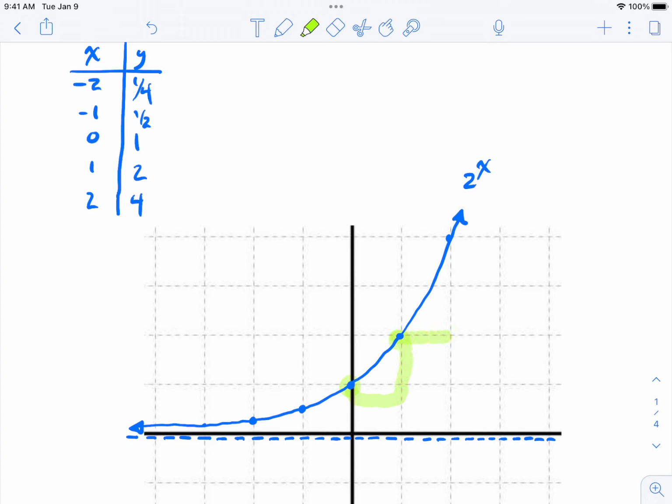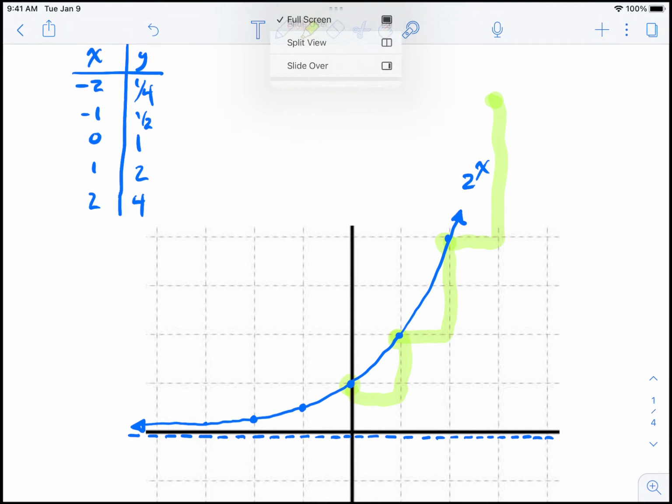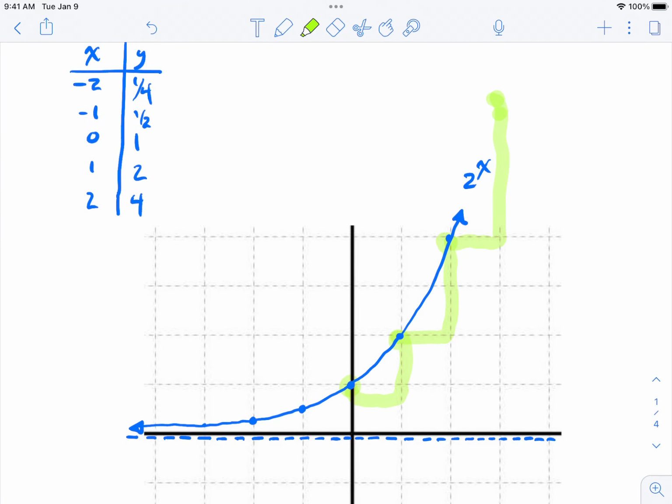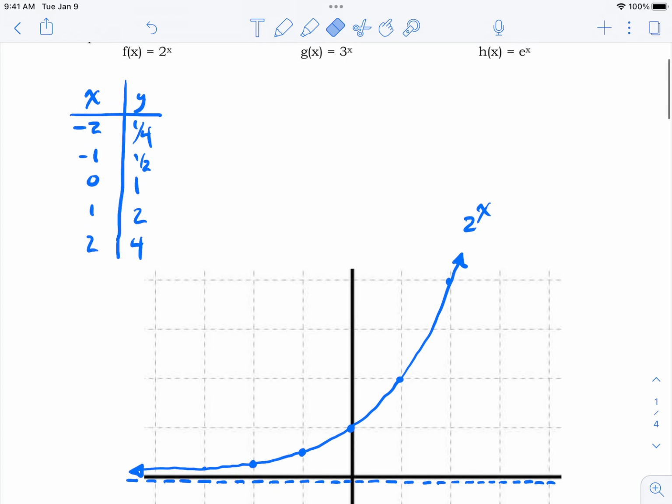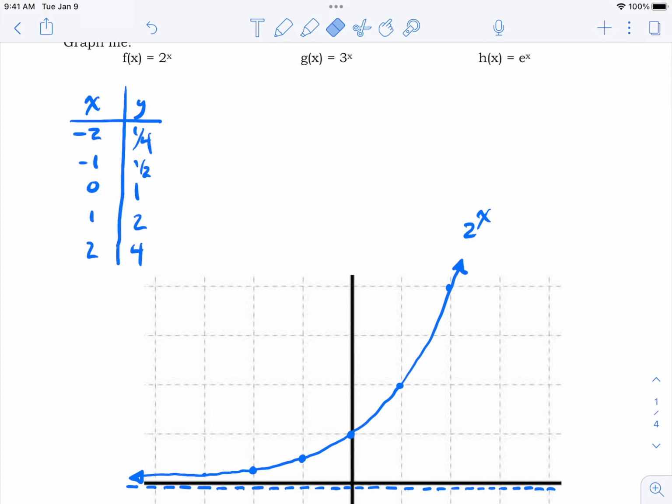If I take 1 step to the right, I double to 4. If I take 1 step to the right, I'll double to 8. And so this is kind of the same thing. It's not exactly the same thing. There's a distinction we'll need to make later. But it's kind of related to that whole geometric growth idea, except we call it exponential growth. But it certainly looks similar, right? Again, there's a distinction that we'll have to make at some point, but not right now.